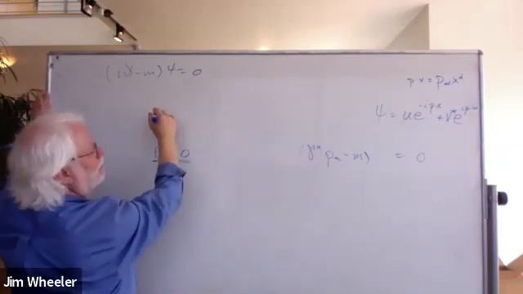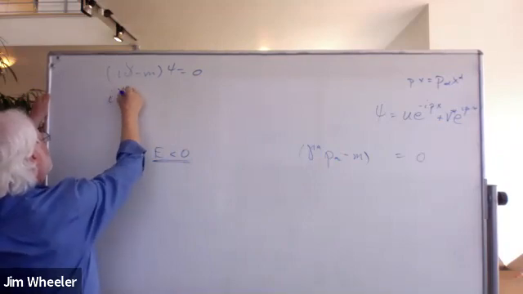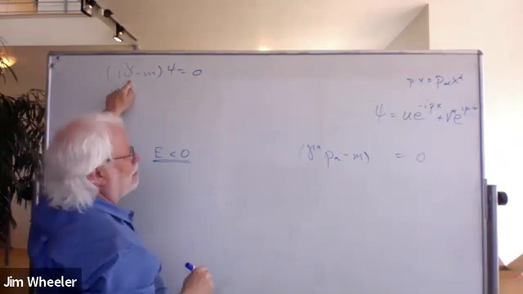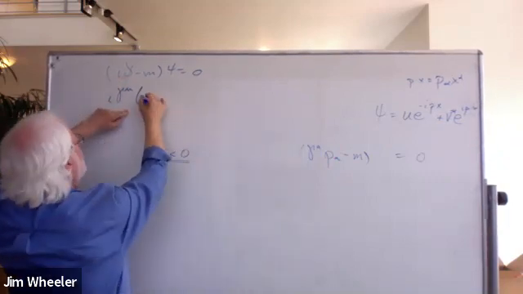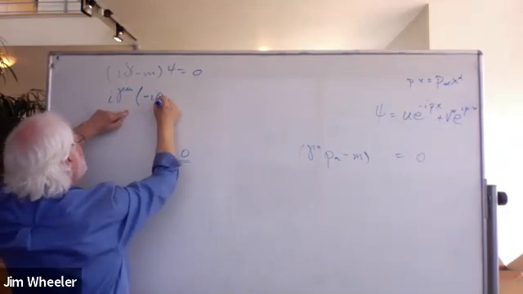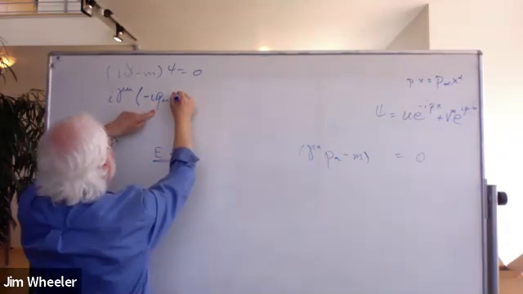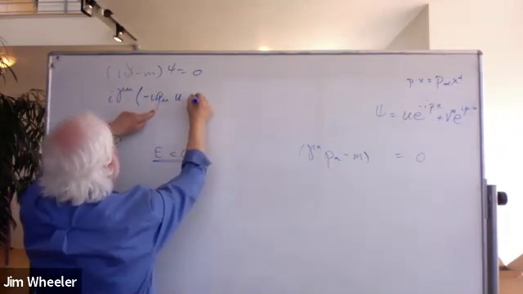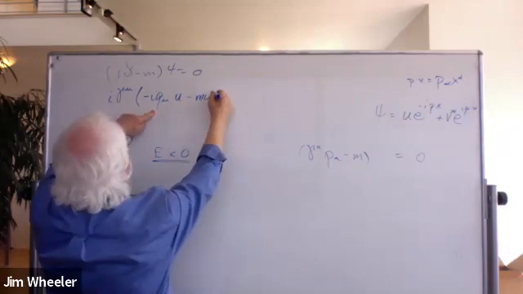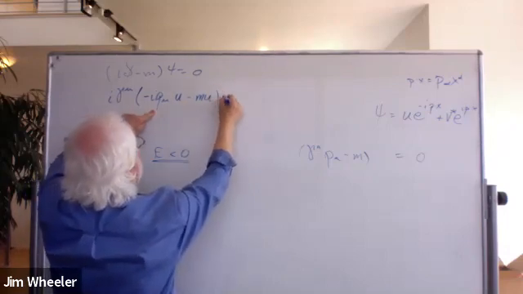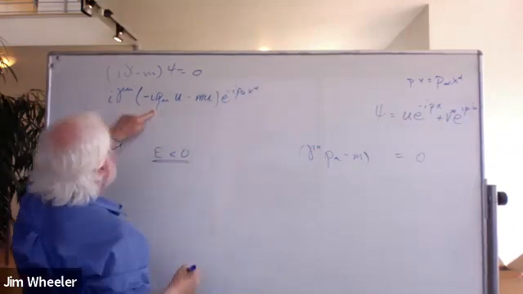So we get i gamma^mu, then the partial derivative is going to pull down minus i p_mu and leave the u, minus m u, times e to the minus i p_alpha x^alpha.